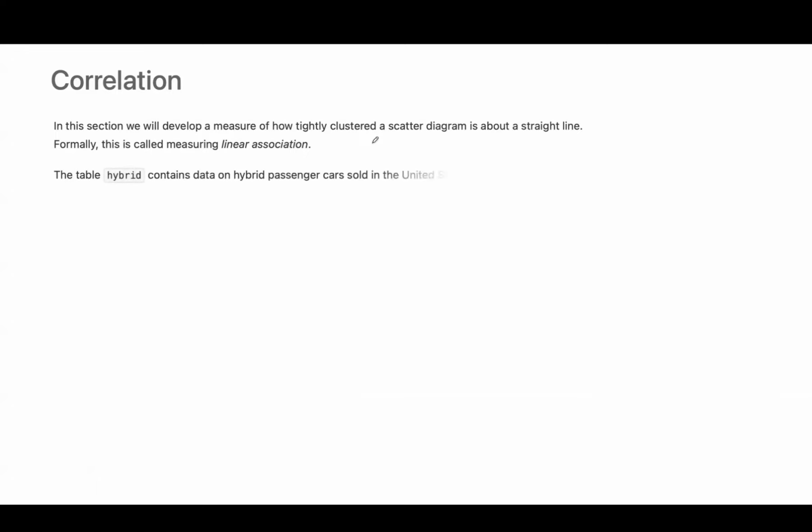Now we're going to move on to a different CSV file, which is called hybrid. It contains data on hybrid passenger cars sold in the United States from 1997 to 2013. The data were adapted from the online data archive of Professor Larry Winer of the University of Florida.